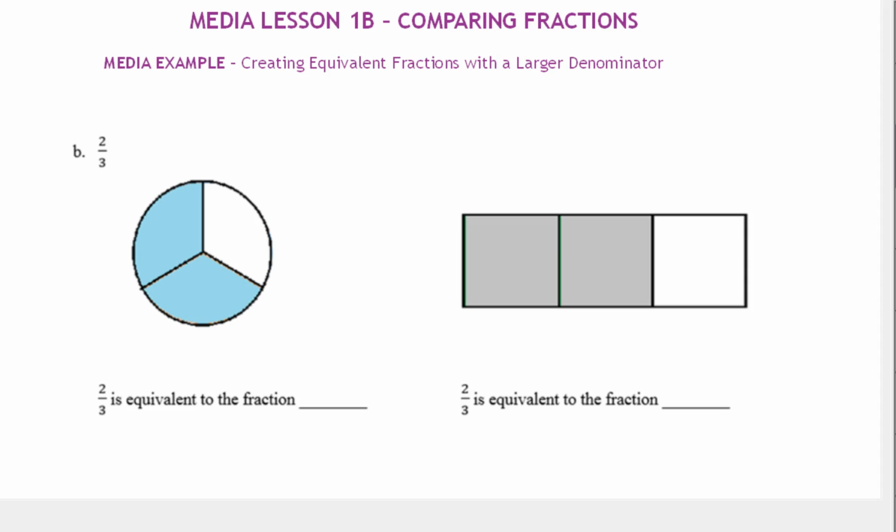So now we're going to do the same thing, but we have a new fraction, 2/3. So how about I'm going to cut each of the thirds, those are the 3 pieces, in half. So I'm going to start over here. Okay. Now there are a total of 6 pieces, and 1, 2, 3, 4 of them are shaded.